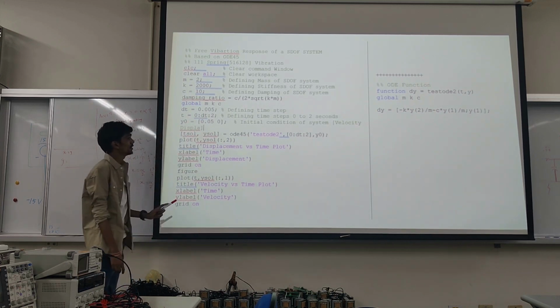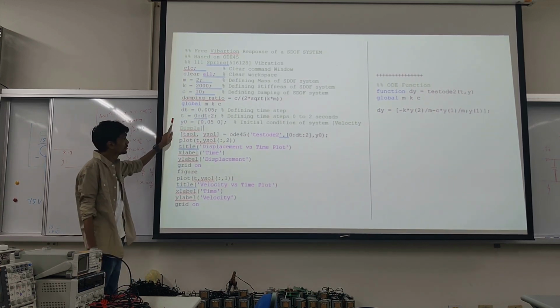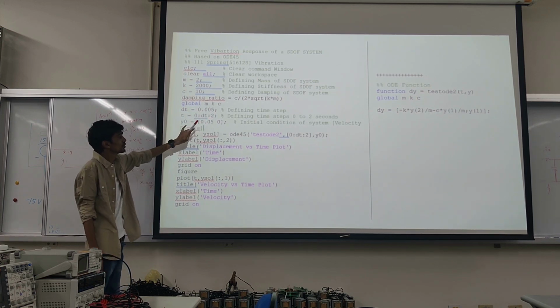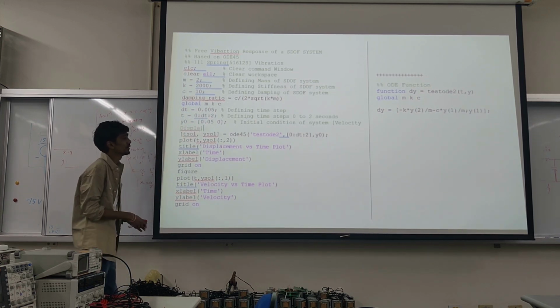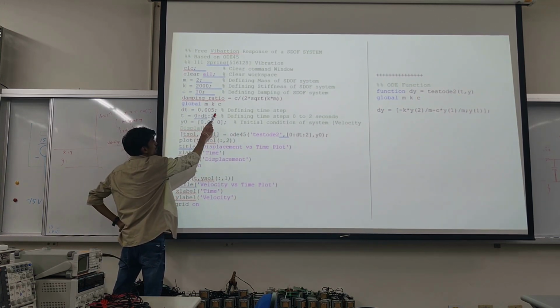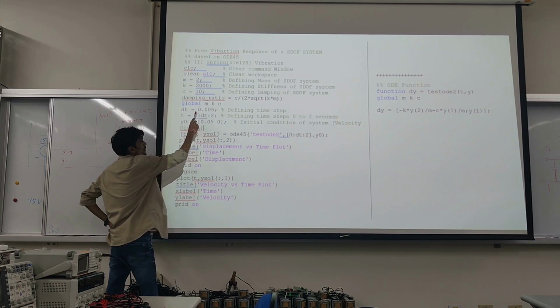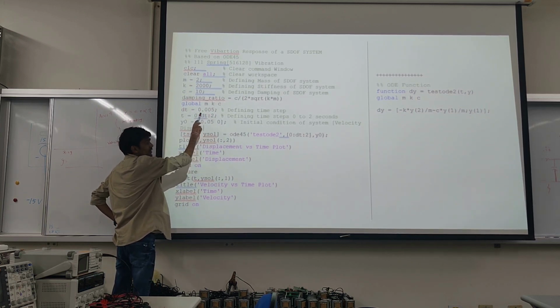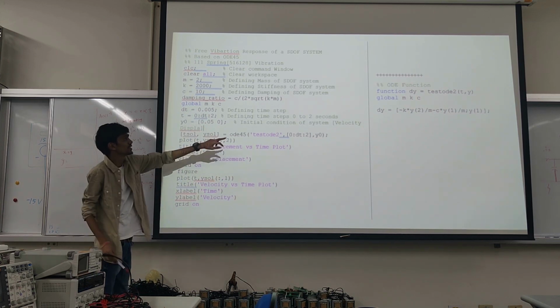Okay. So time step. Let's define the time step of 0.005. So total time is 2 seconds. We are dividing 0 to 2 with a time step of 0.005. So we will get the values at each time step: 0.005, 0.01, similarly up to 2 seconds.